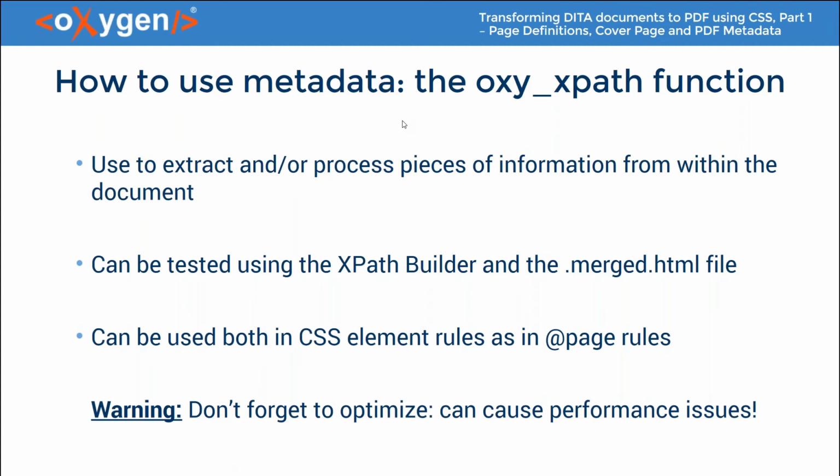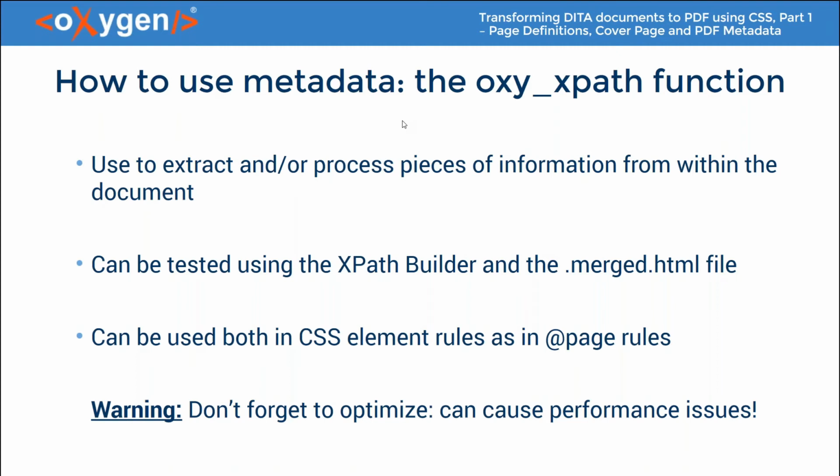The advantage of this method, available in Oxygen CSS, is that you can extract or process some pieces of information within the document, because all the metadata are not displayed in the final PDF, but they are present in the document and we will find them in the merged HTML document. So we can extract them and also process them if we want only a part of them.